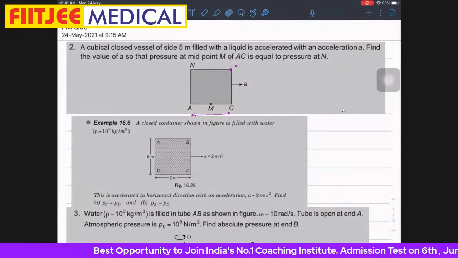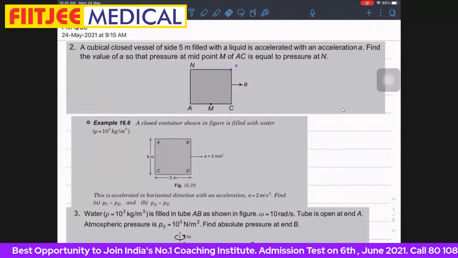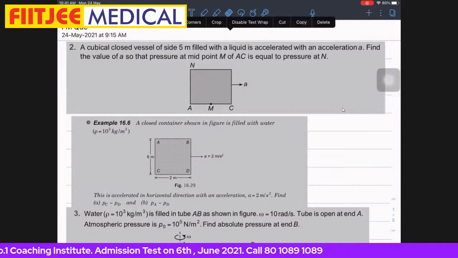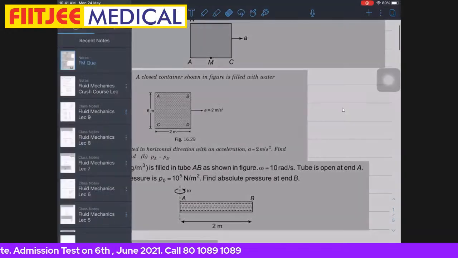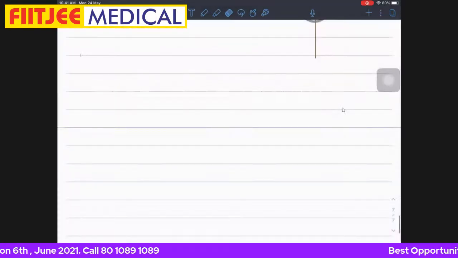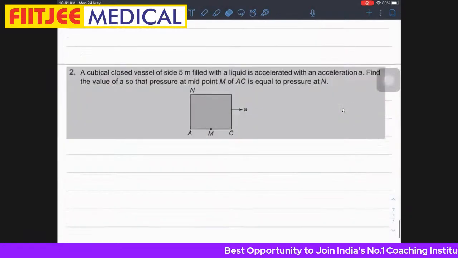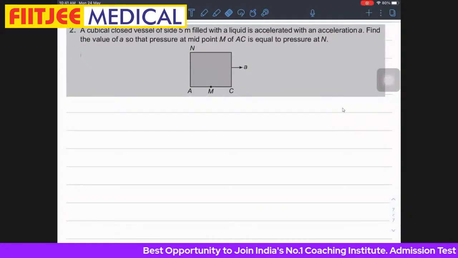First we'll see this question. We are given a cubical vessel of side 5 meter filled with liquid, accelerated with acceleration a.